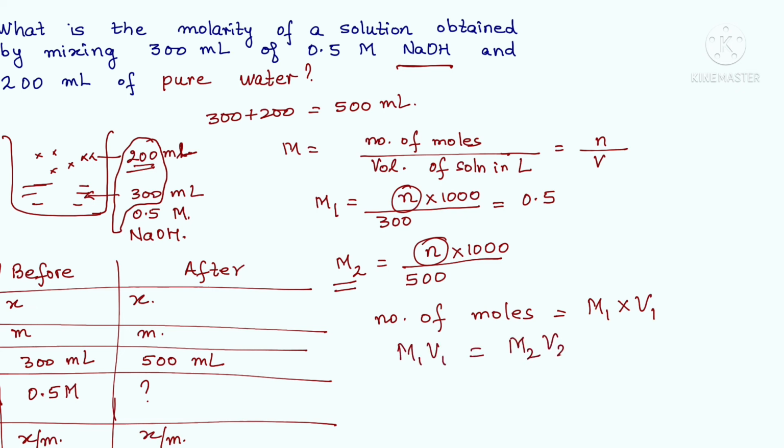The number of moles before adding water equals the number of moles after adding water. But what is going to change? The molarity is going to change. But remember, apply logic. We have not added more NaOH. If we were adding more NaOH to the solution, then yes, the number of moles would also change. Then you cannot work it like this. You'd find out the number of moles and then calculate the molarity.